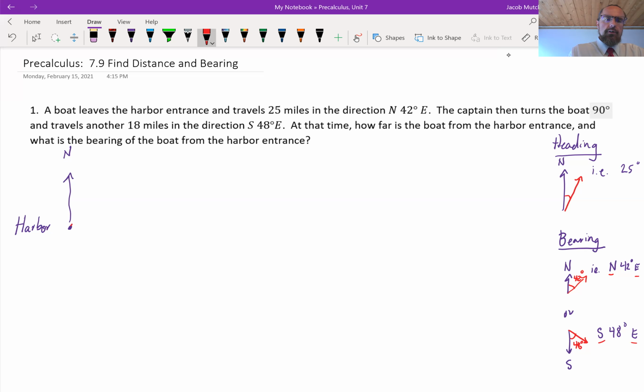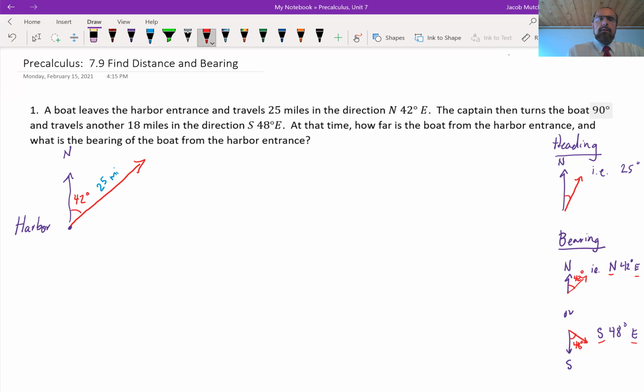As I start drawing my triangle here, we'll head over exactly 42, almost 45 degrees in the direction of east. Now that's got a magnitude of 25 miles. I do want to mark the distance of that part of the travel.